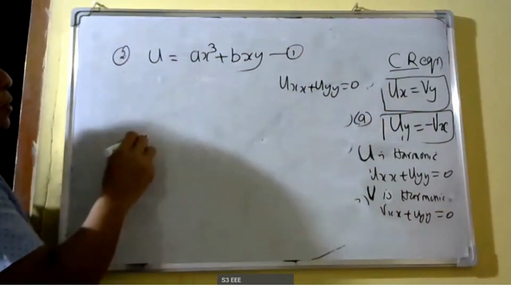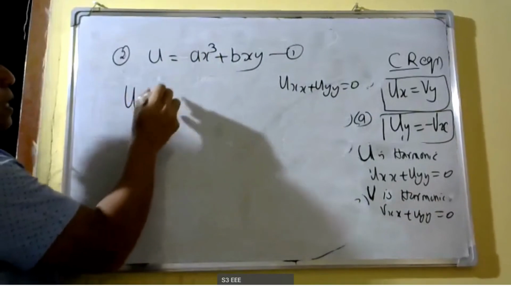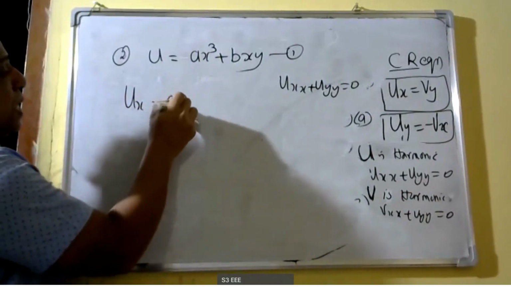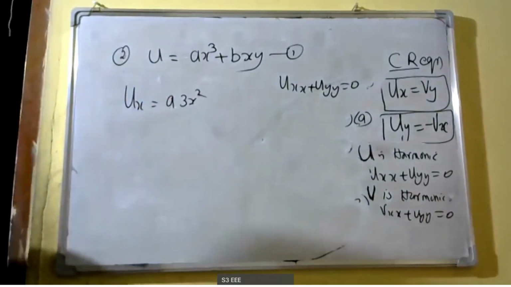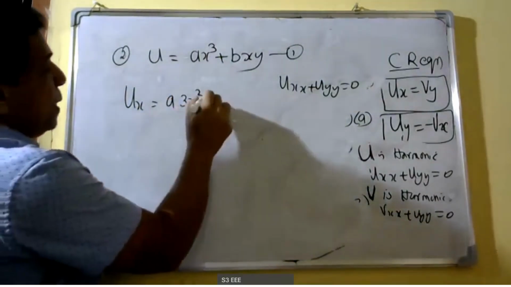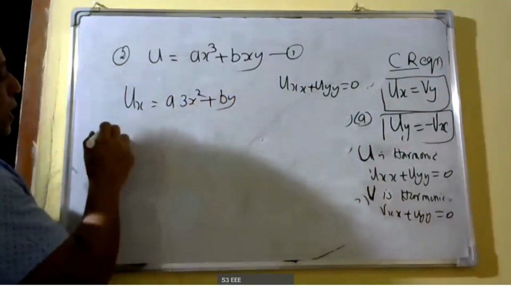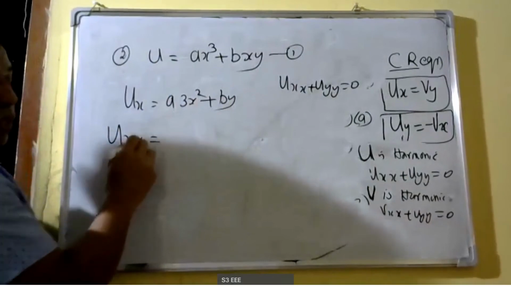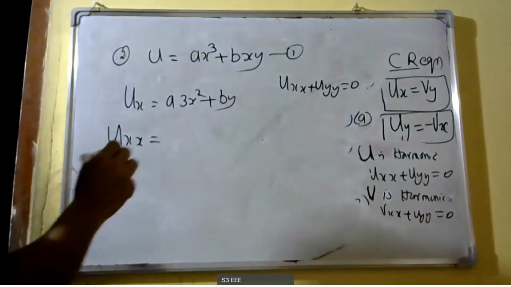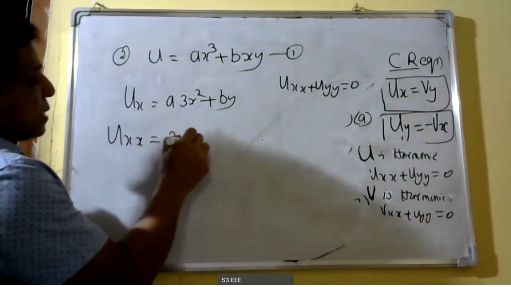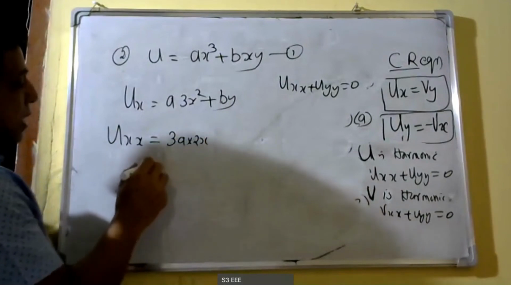ax cube gives a into 3x square plus by. Then uxx is equal to 3a into 2x, which is 6ax.